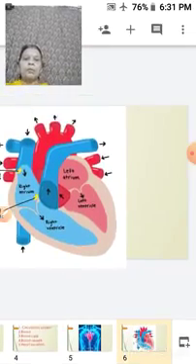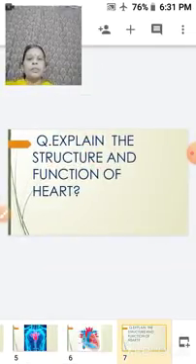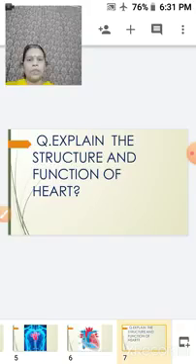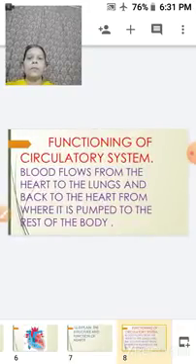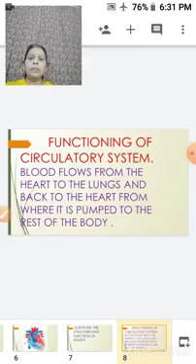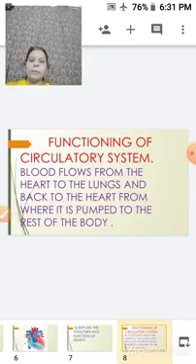Now, we just saw the structure of the heart, so we will go into detail with the functioning of the heart. As I said, the blood flows from the heart to the lungs and then back to the heart, from where it is pumped to the rest of the body.